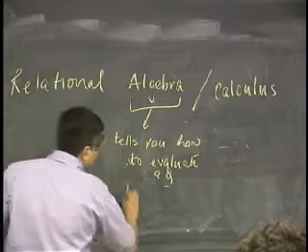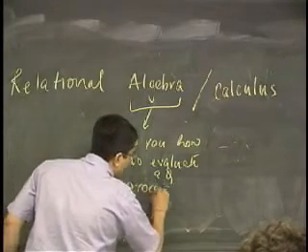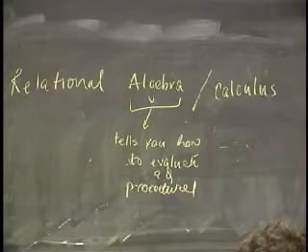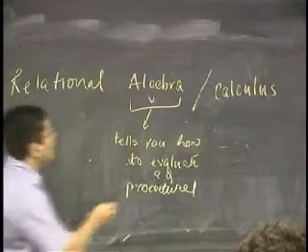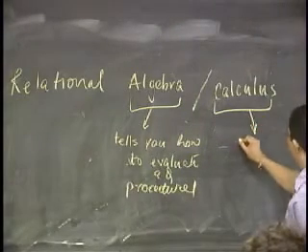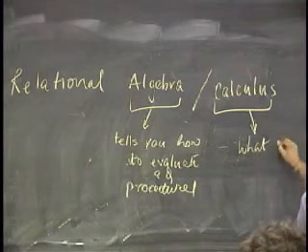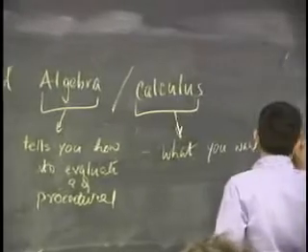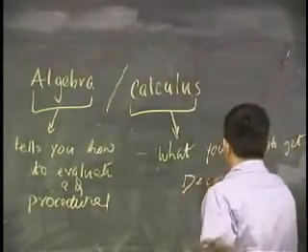So it is called procedural, because it tells you the procedure of evaluation also. While in relational calculus, it tells you only what you want to get. So it is called declarative.